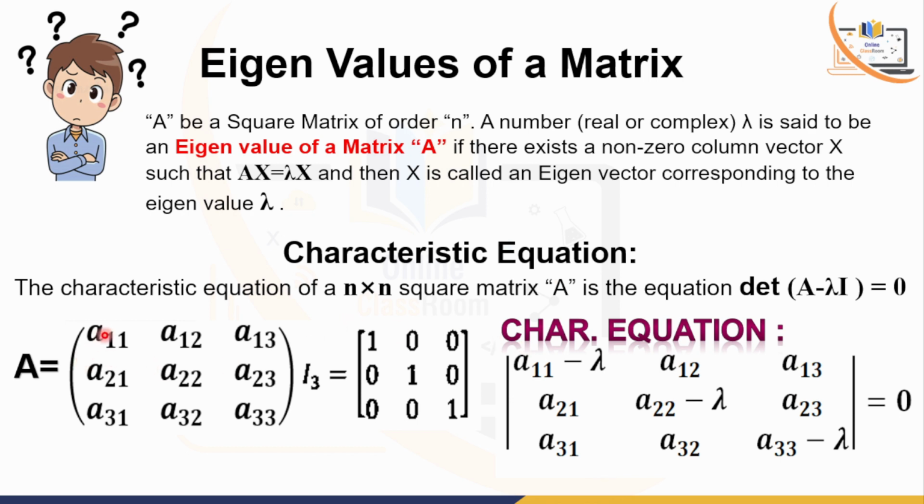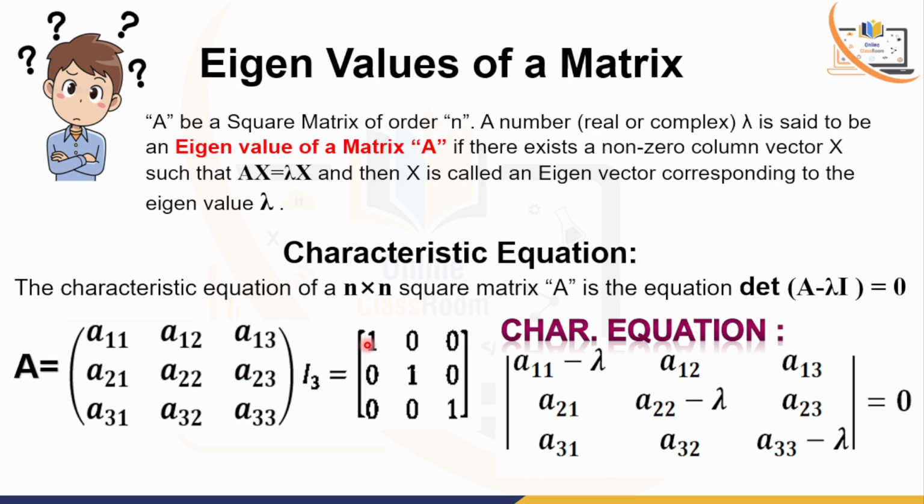Look, if you subtract those two matrices, then obviously the diagonal elements will be affected. Since I multiply lambda with the matrix I, it will be lambda, lambda, lambda in these three diagonal positions.